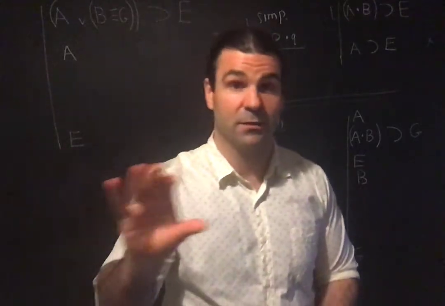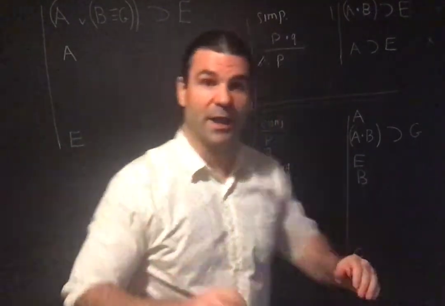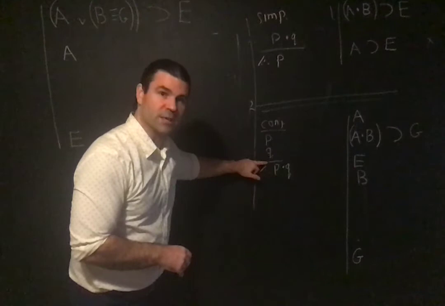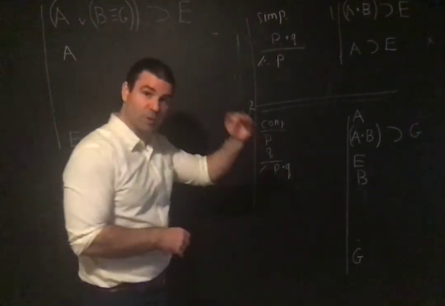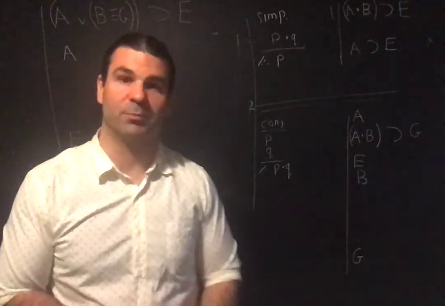I'm probably going to get this by deriving each of the conjuncts separately, if they're not already in the premises, and then conjoining them. It's probably going to be the case that the last step in my proof is conjunction.